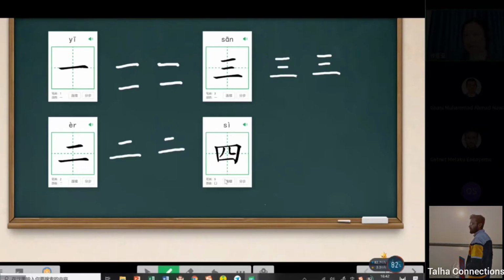All right. There's a square outside, and in there are 2 strokes. But we write outside first, and then inside, and finally we close it. One more time. Outside first, and inside, and close. Yeah. All right, let's do it together.